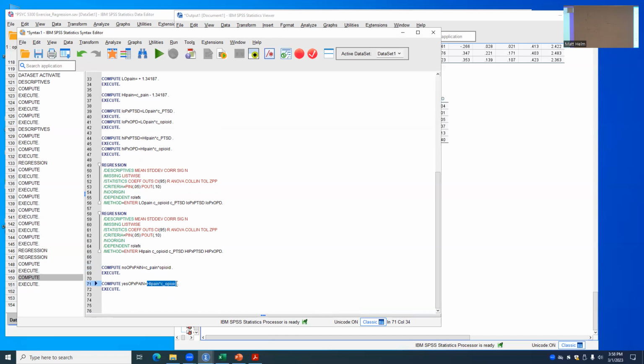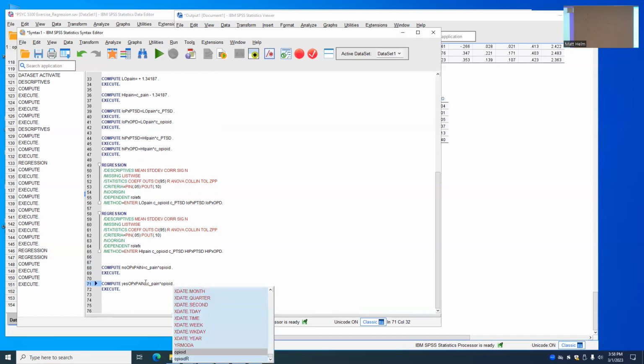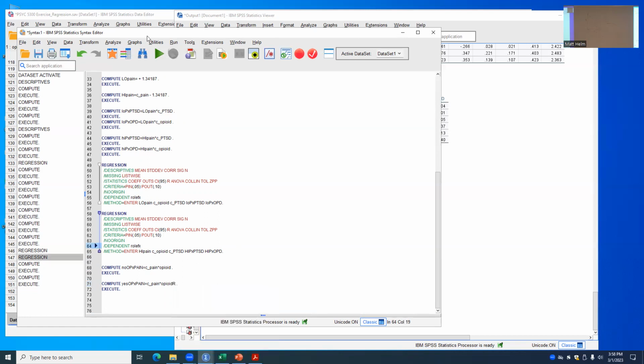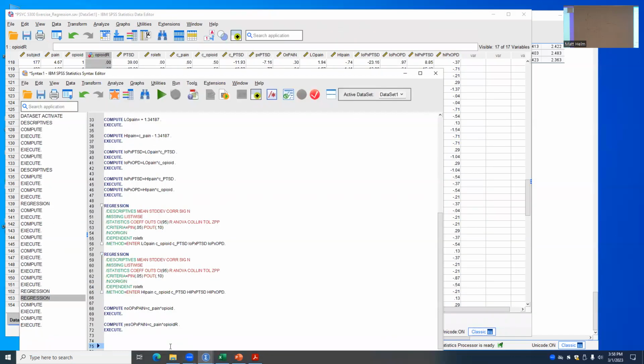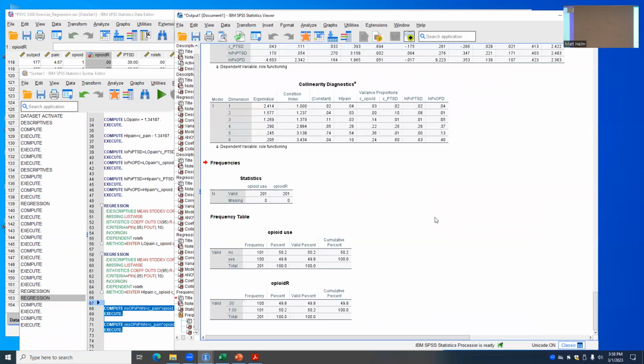And then we got the same thing, centered pain times opiate. Okay, go through. Okay, didn't turn up anything.